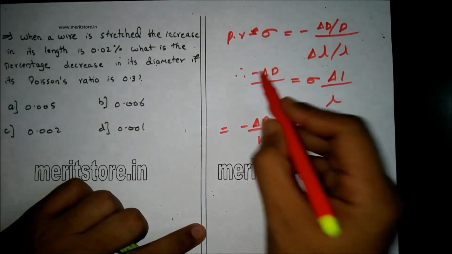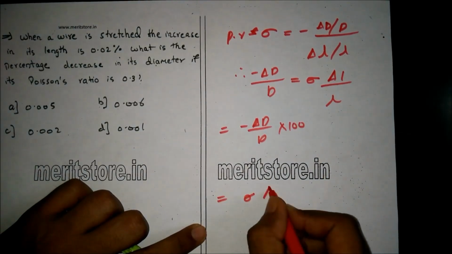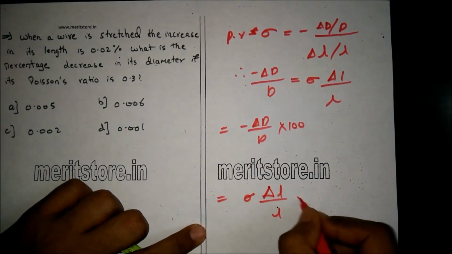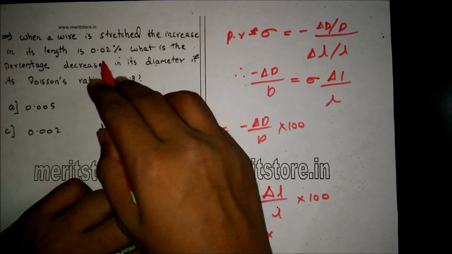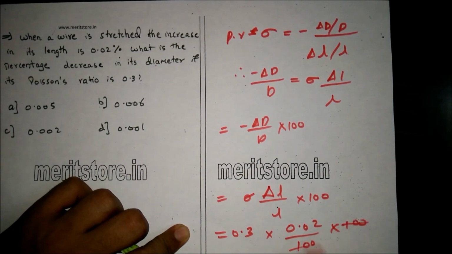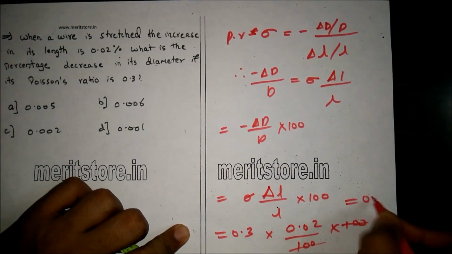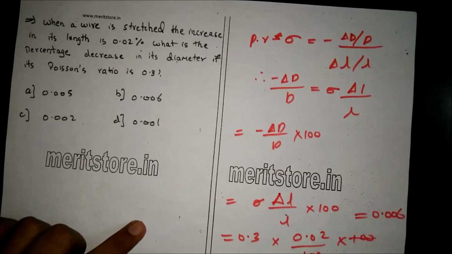Therefore, substituting the value of minus delta D upon D from here, we get Poisson's ratio into delta L upon L into 100. Now, Poisson's ratio is given by 0.3 into 0.02%, which is the increase in its length. Therefore, 0.02 upon 100 into 100. This will be equal to 0.006. Therefore, here the correct answer is option B.